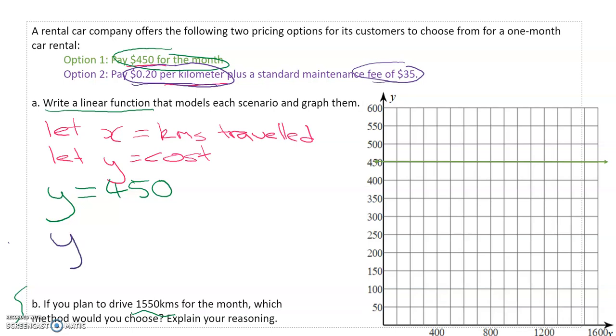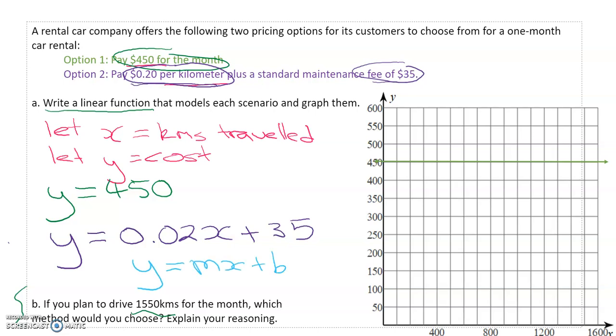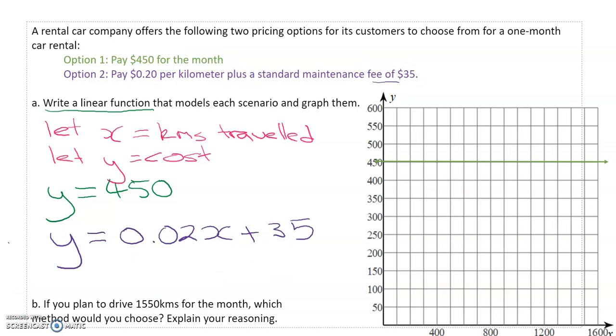So I have y equals 0.2x plus 35. Remembering that our general equation is y equals mx plus b, where m is my slope or rate of change and b is my y-intercept or initial value. So let's put that on the graph.